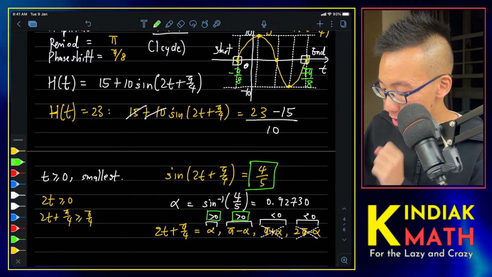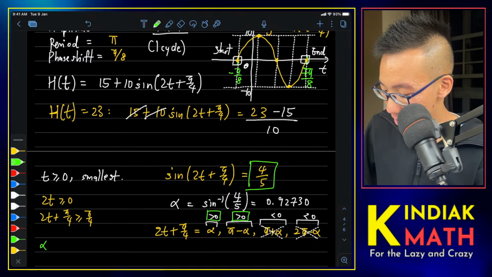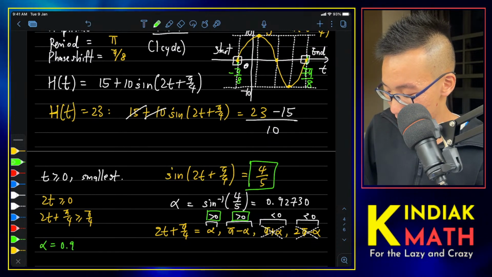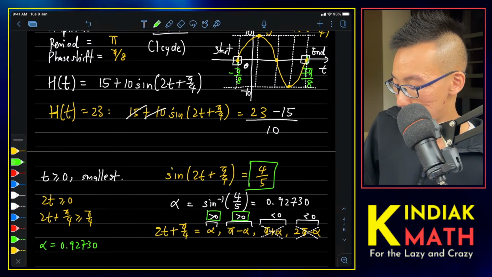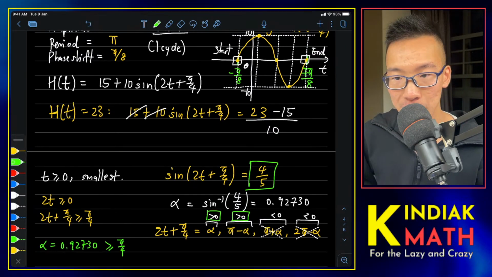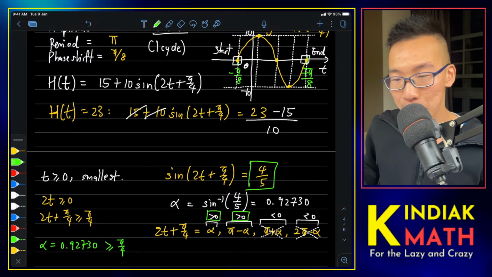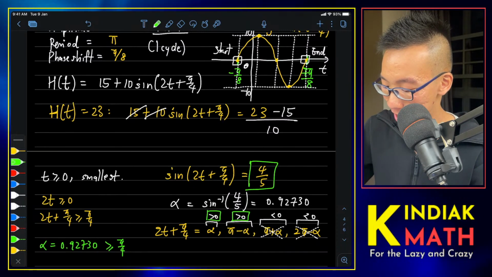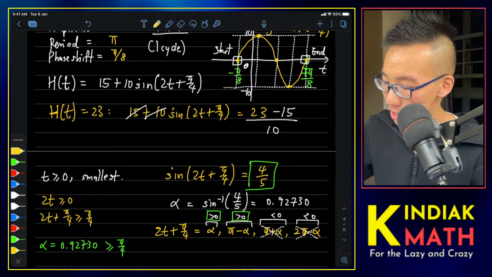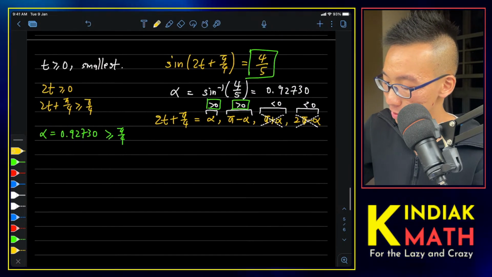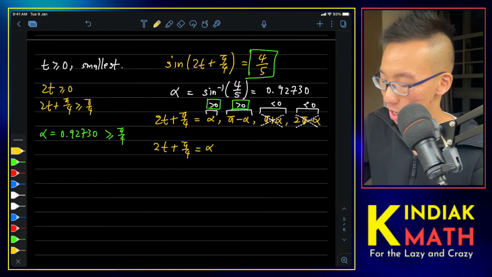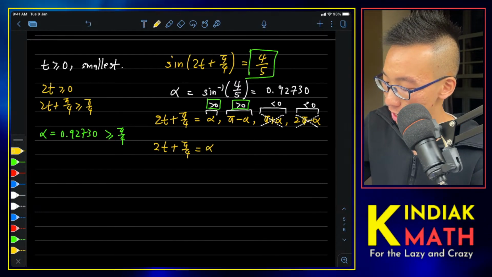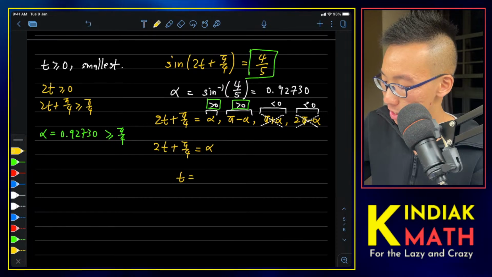But we already know that alpha is 0.92730. If we check it out in our calculator, it is already bigger than pi over 4. What that means is that we actually found our answer. We don't have to do any more work. This is in fact our answer, and all that remains is to solve for t.